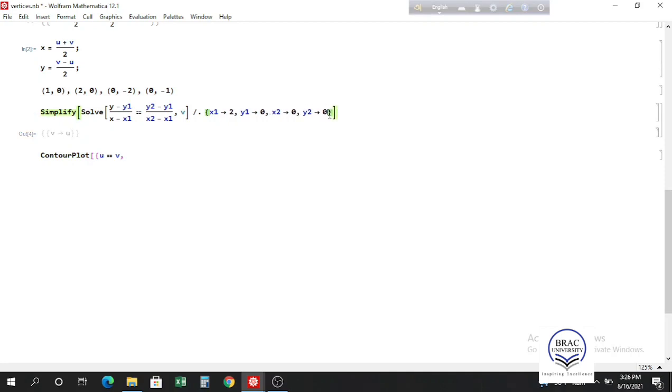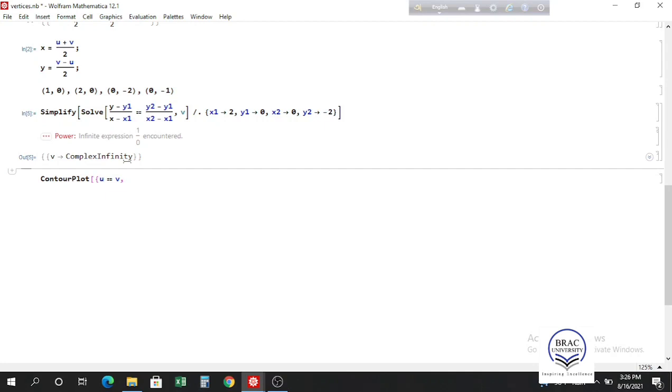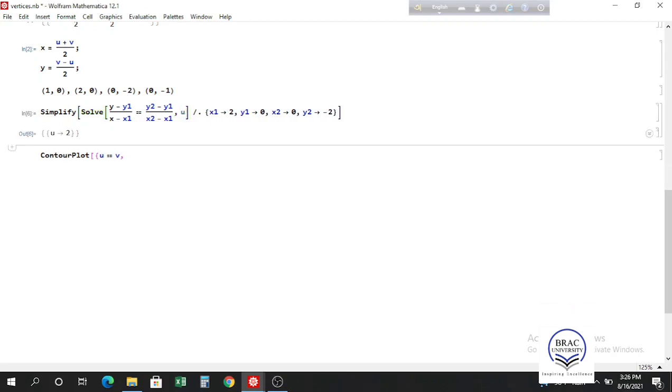We now want to connect 2 0 to 0 minus 2, but we get v equals complex infinity. That means the equation here does not depend on v, so we can find u from this equation. So let's find u. See, u equals 2. That is why we didn't get v. So if you don't get v, try to find u from the equation. So u equals 2, and then connect 0 minus 2 with 0 minus 1.